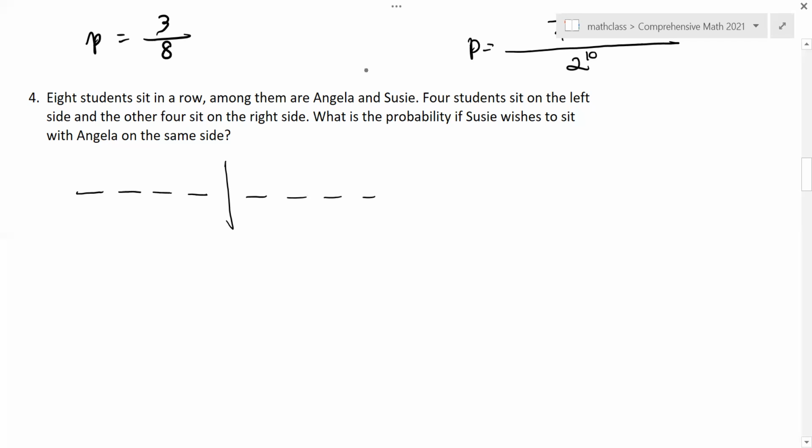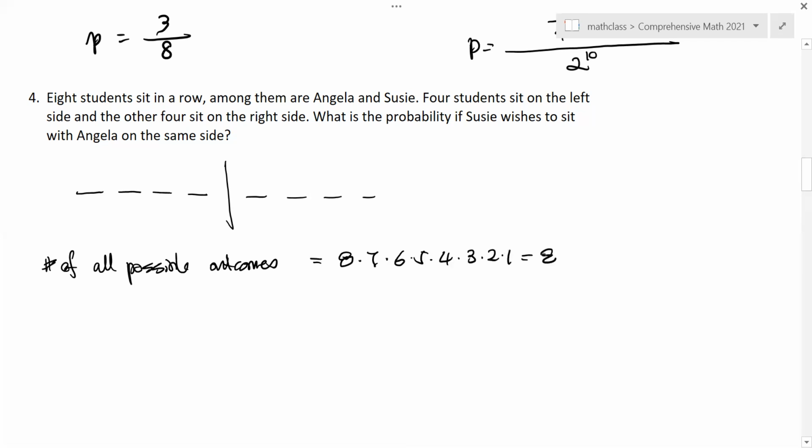The number of all possible arrangements are called outcomes. When you put the 8 students in a row, that would be 8 factorial. The reason it's 8 factorial is that for the first seat you have 8 students you can choose, for the second seat you only have 7 students you can choose, for the third seat you have 6 students to choose, and so on. That's why you get 8 factorial.